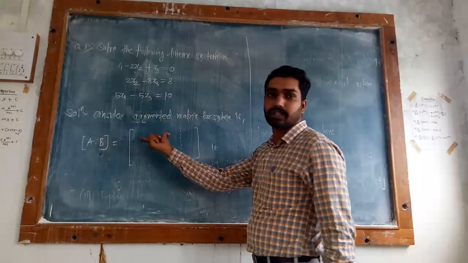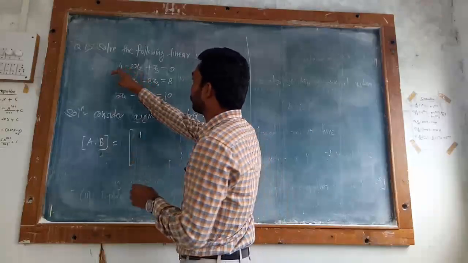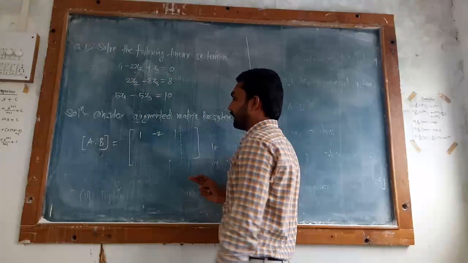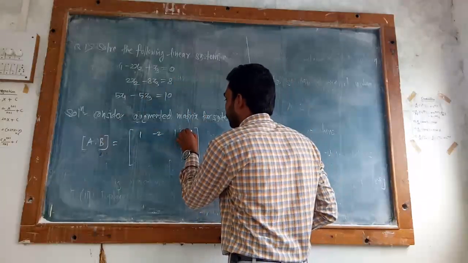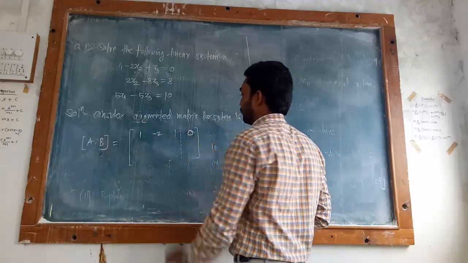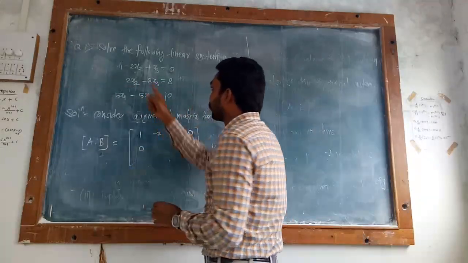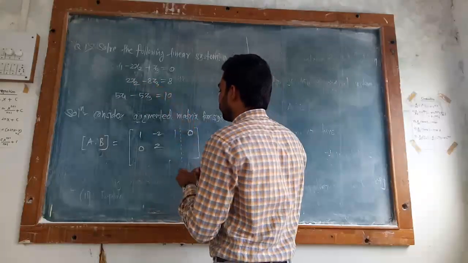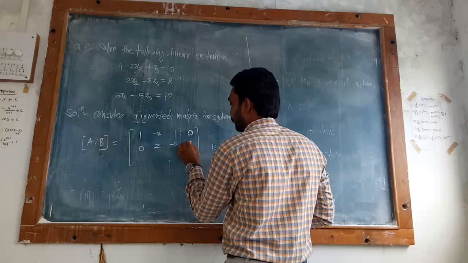So what is your first row? The first row contains the coefficients of x1, x2, x3: 1, -2, 1, and on the right side the constant 0. The second row becomes 0, 2, -8, and the constant 8.